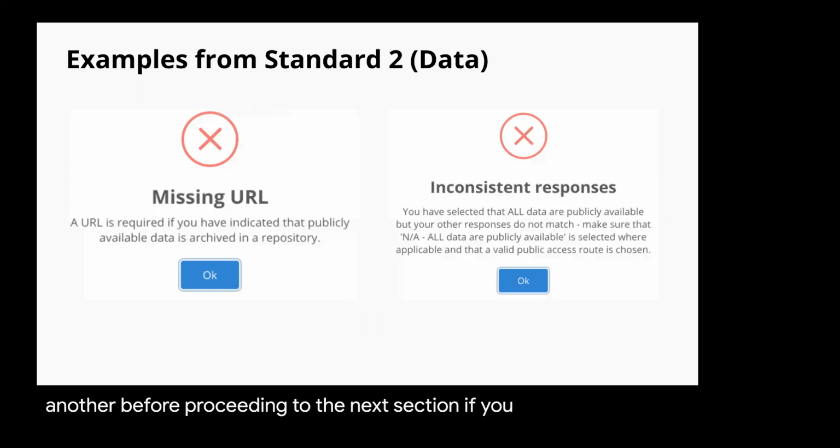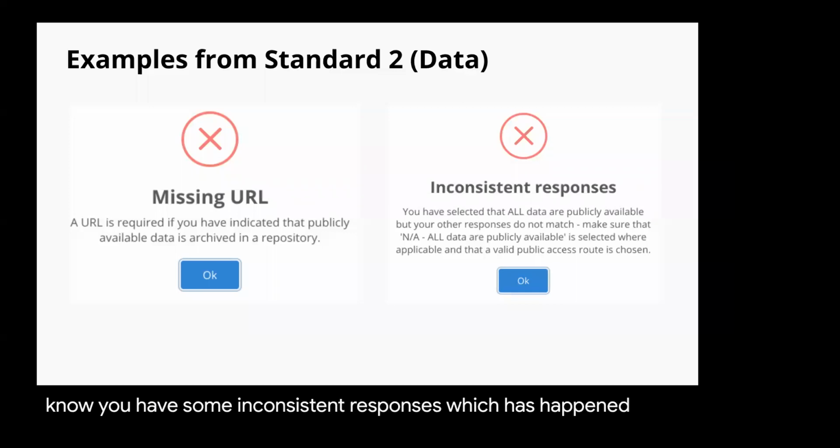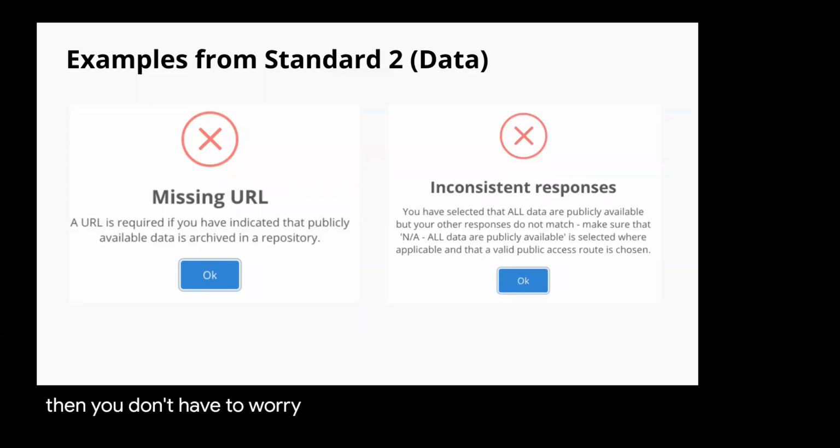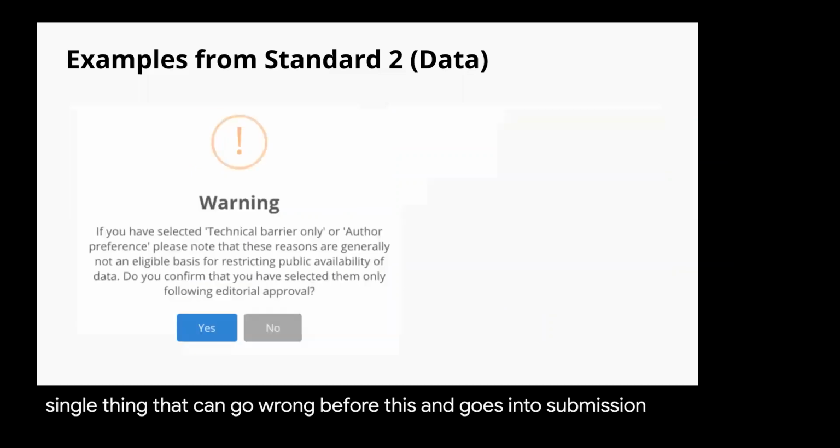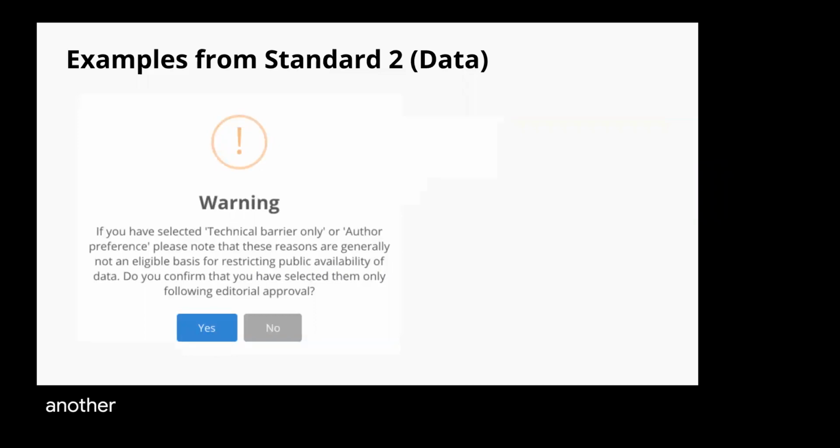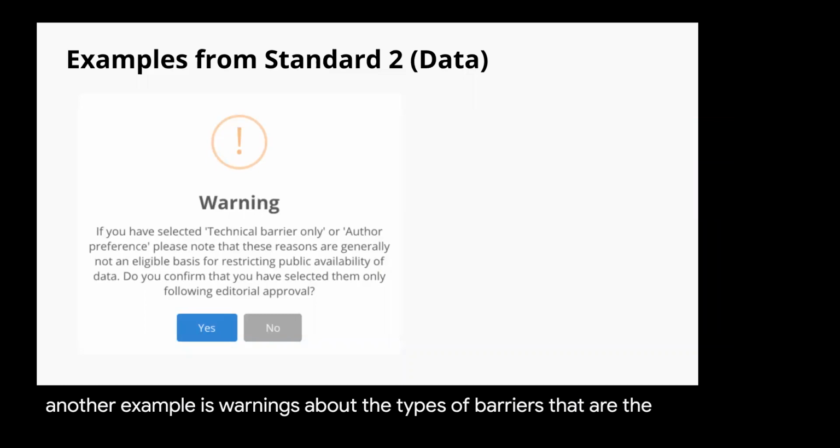If you are tired and you have some inconsistent responses, which has happened to me, then you don't have to worry about anything, because we will tell you before you submit this to the editor. So there will be warnings for every single thing that can go wrong before this goes into submission. Another example is warnings about the types of barriers that are valid for level 2.